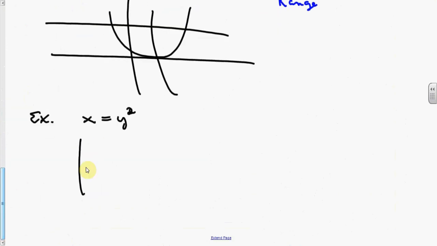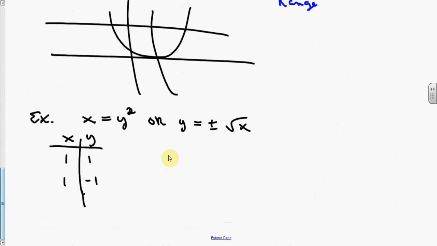So if you take this guy, here it's easier to pick values for y, or you can write this as y equal to plus or minus the square root of x, right? So if you pick, let's say, y equal to 1, then y squared is equal to 1. If y is equal to negative 1, then y squared is equal to 1.